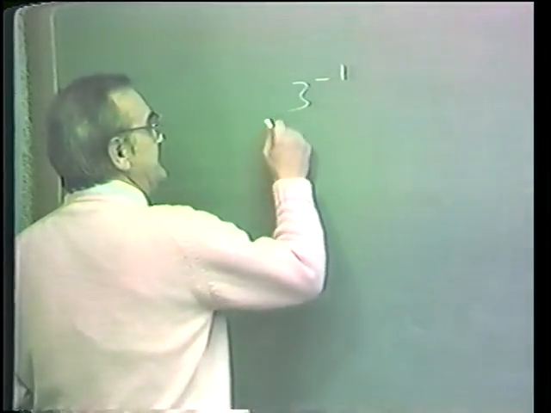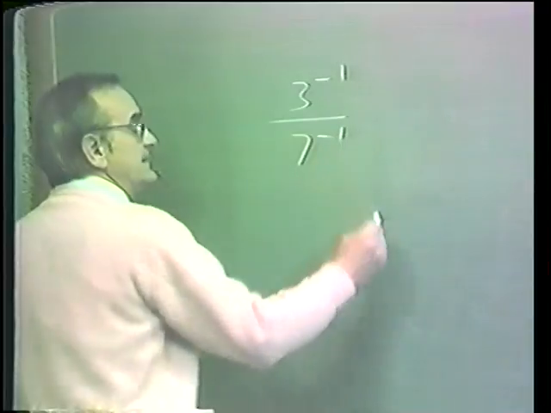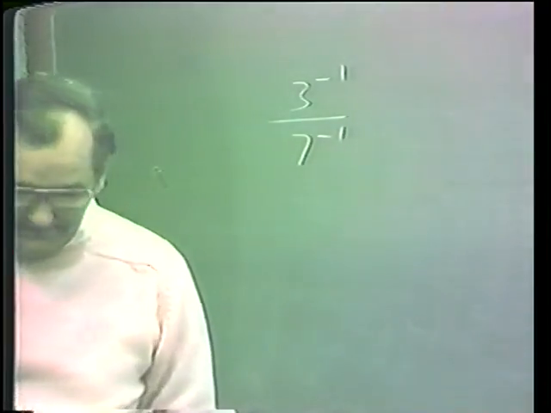Suppose we have 3 to the negative 1 over 7 to the negative 1.